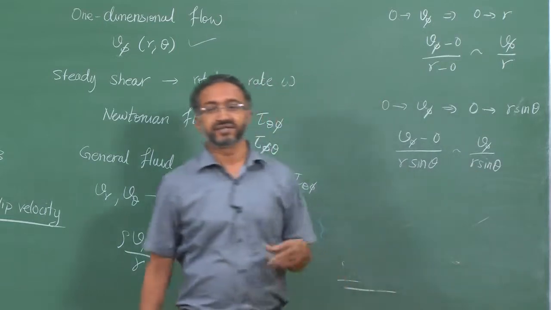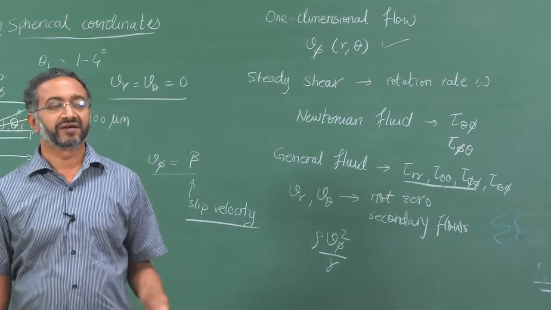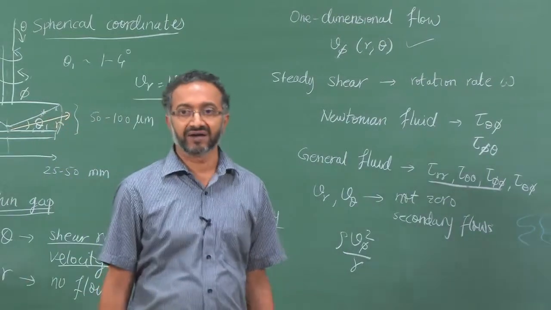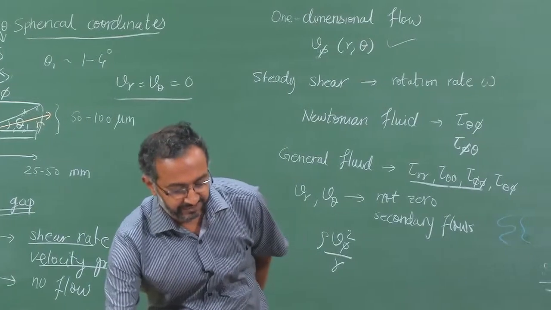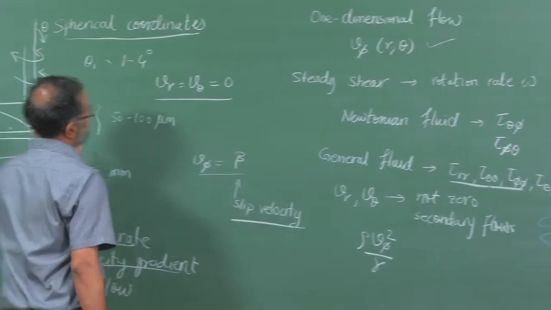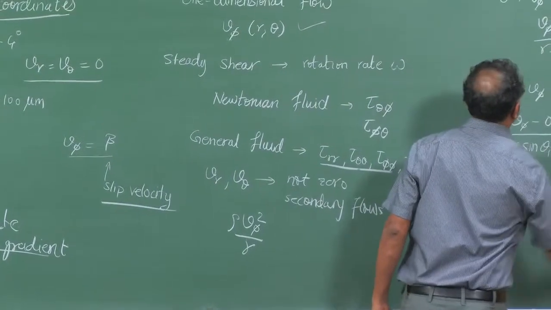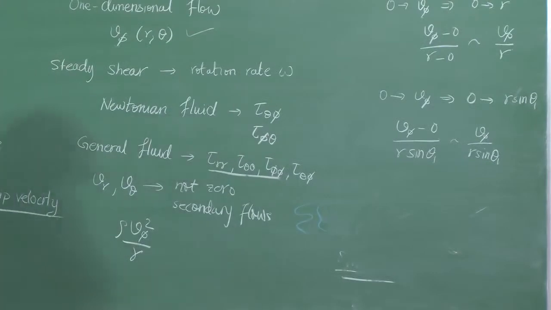So, we can ignore the variation with respect to r, and therefore we can ignore the first term, which is del V phi by del r, and only retain the velocity variation with respect to theta. Actually, it will be theta 1, because theta 1 is very small. Theta is being measured with respect to this.